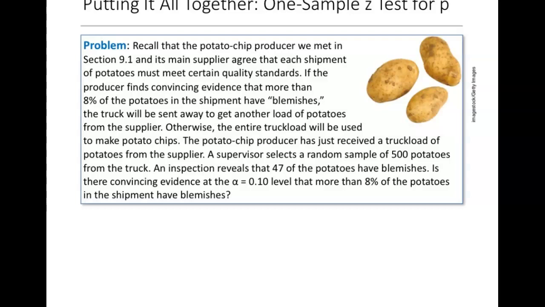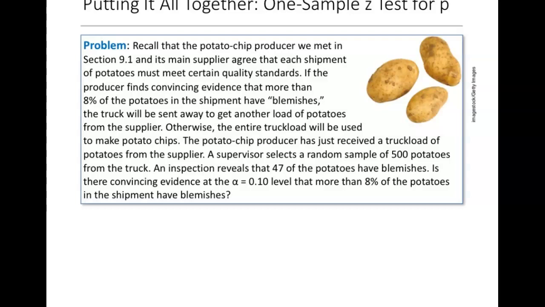Okay, so this is going back to the problem that we talked about in 9.1, blemished potatoes. And they want us to conduct a significance test that more than 8% of the potatoes in the shipment have blemishes.